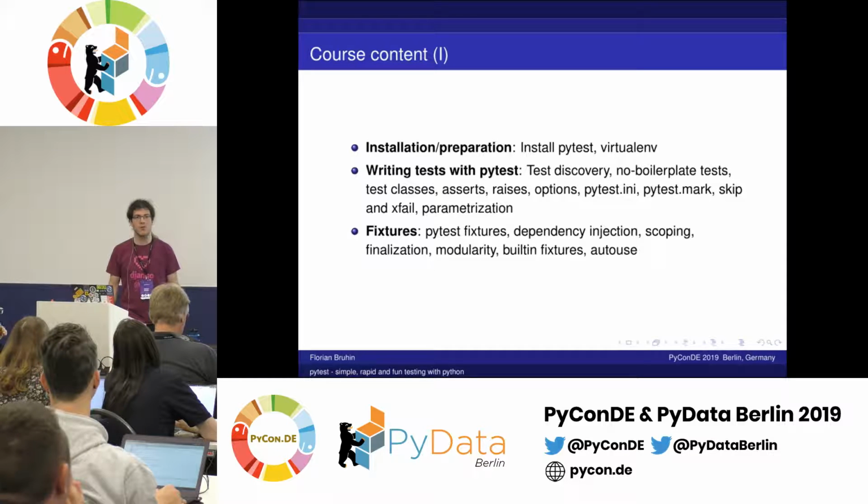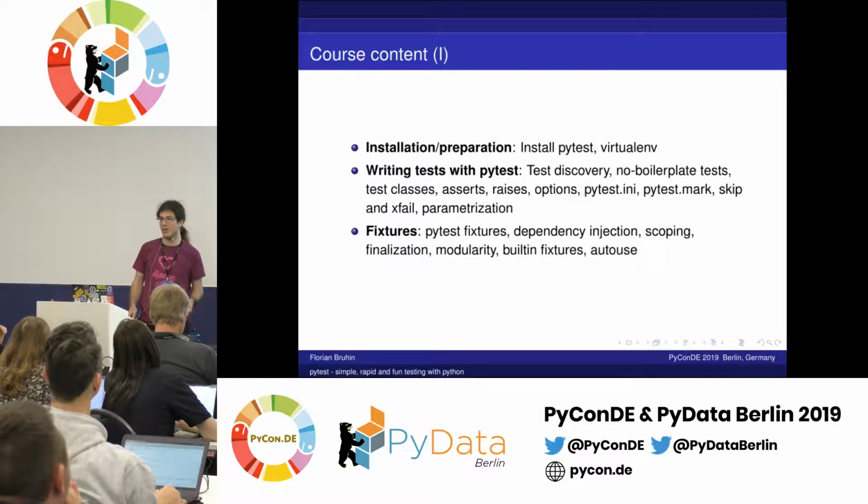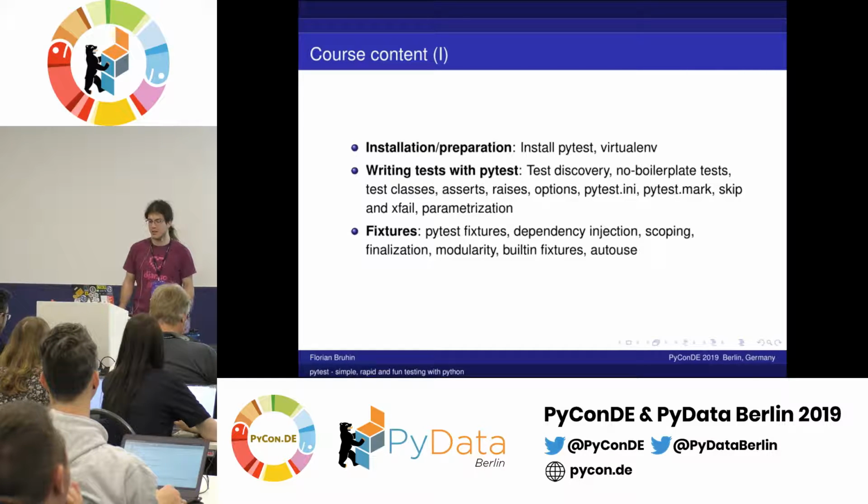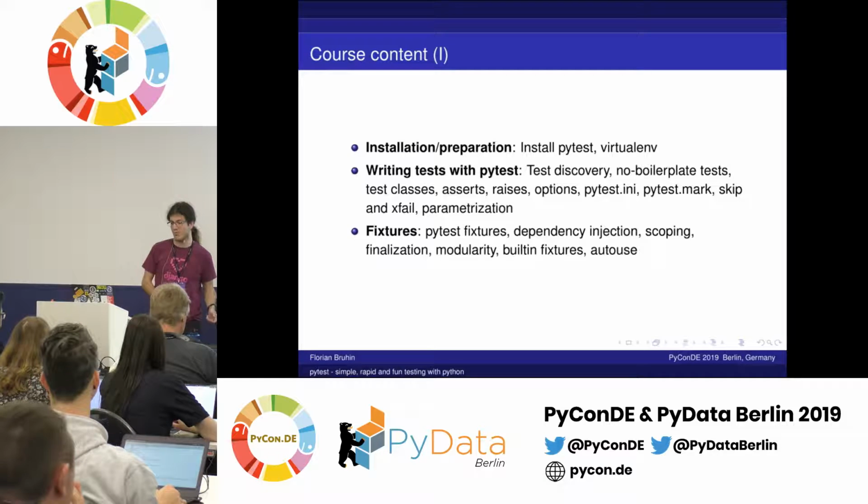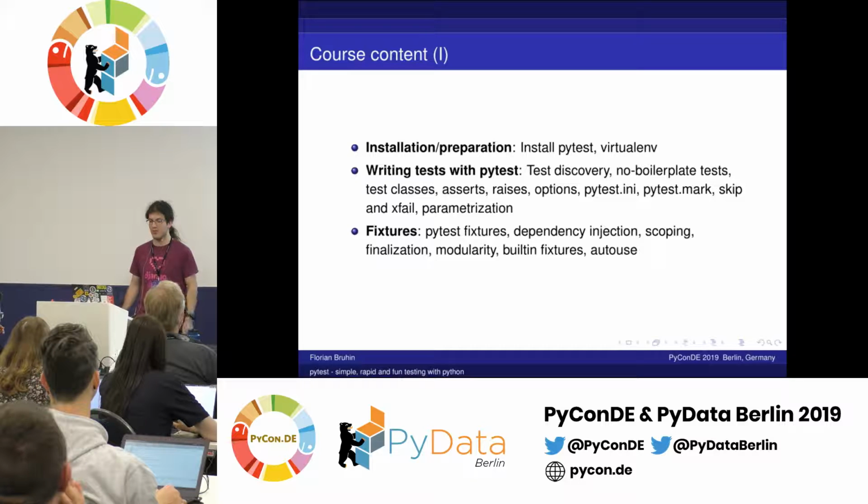So what will we cover in this course? First of all, how to install PyTest, which hopefully is something most of you already did by now. Then how to write tests with PyTest, how it avoids boilerplate, and what nice command line options there are, and some other basic features.